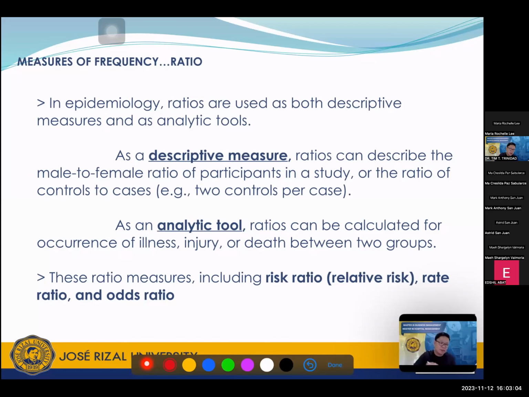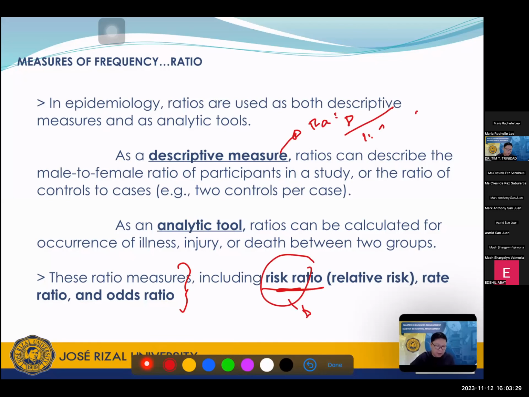These types of ratios are not for descriptive statistics or measurement. What we mean by descriptive statistics when we talk about the ratio is you just give the ratio of the data. So 1:1, 1:2, 3:4, something like that. Yung risk ratios, these are for analytical type.